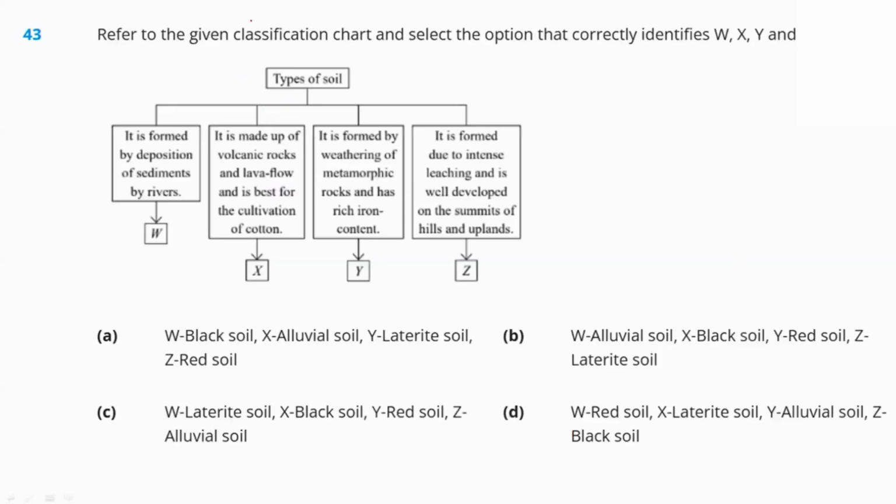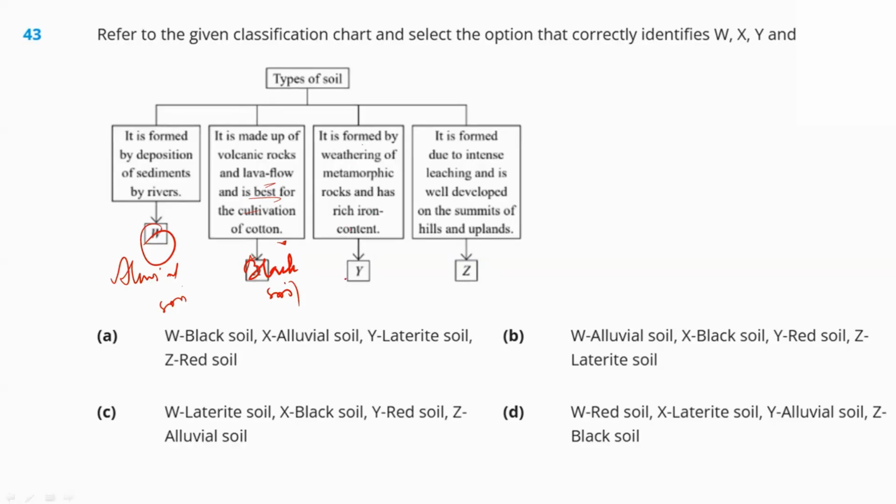Next, refer to the given classification chart and select the option that correctly identifies W, X, Y, and Z. Okay, if you notice carefully, you will find out that it is formed by the decomposition of sediments of rivers. So Y is alluvial soil. Then it is made up of volcanic rocks and lava and is the best for the cultivation of cotton. So it is definitely black soil. Next is formed with the weathering of metamorphic rocks and has an iron-rich content.